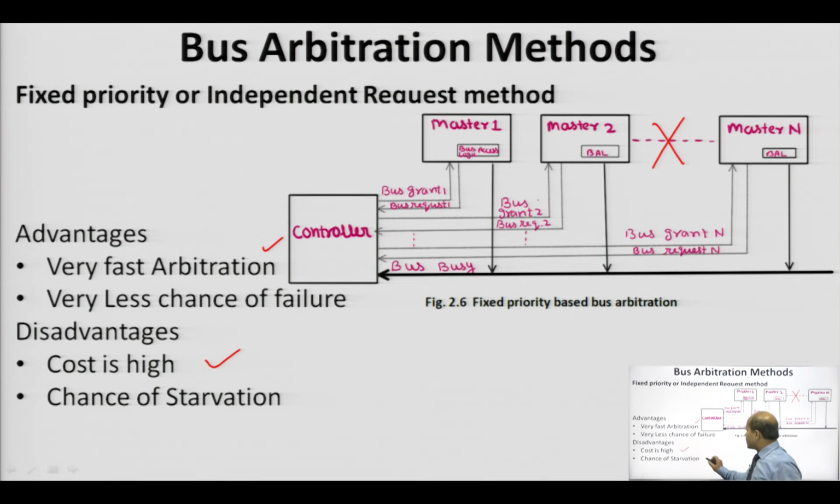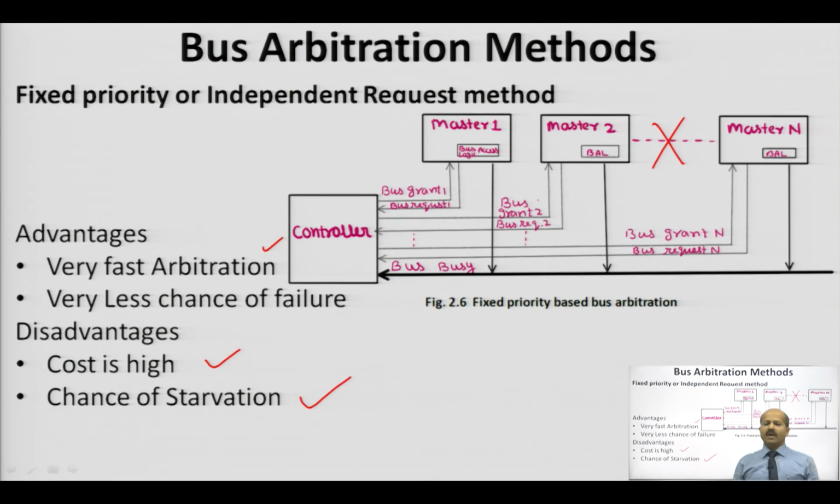And one major drawback in this case is the chance of starvation. In starvation, the low priority master has a chance of getting the bus, but it will never get a bus grant signal due to high priority masters in the system.